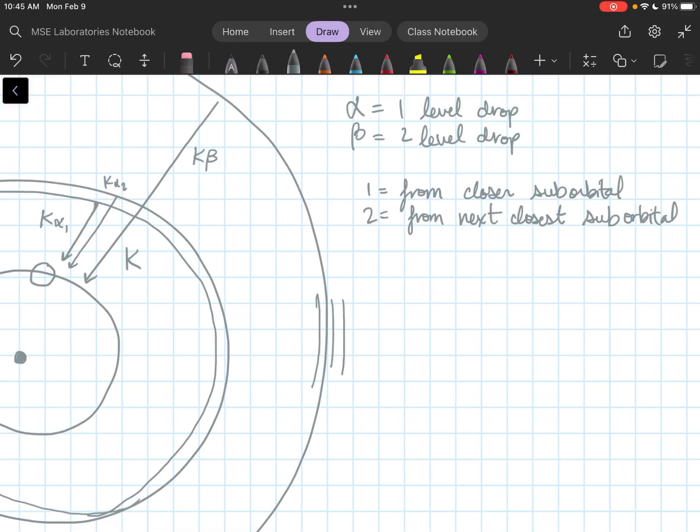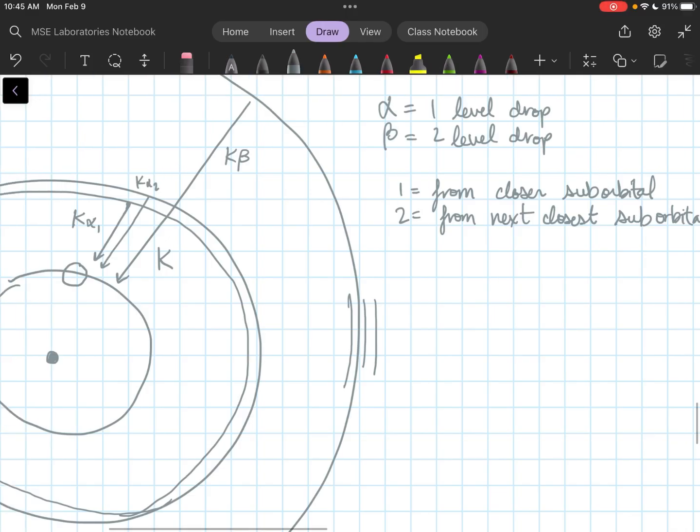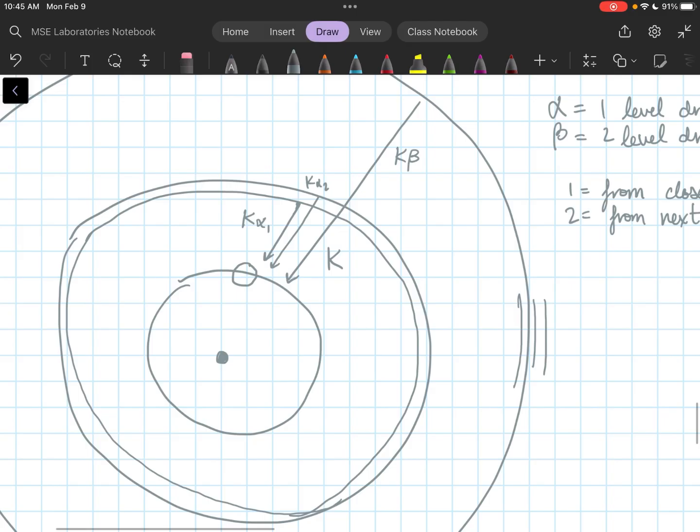So again, I'm going deeper into this than is functionally necessary to operate an SEM. But you will sometimes see things that say K alpha, K beta. And when we talk about X-ray generation for X-ray diffraction, we talk about K alpha 1 and K alpha 2. So all of that language is wrapped into a whole bunch of other things. That's why I'm going into it.